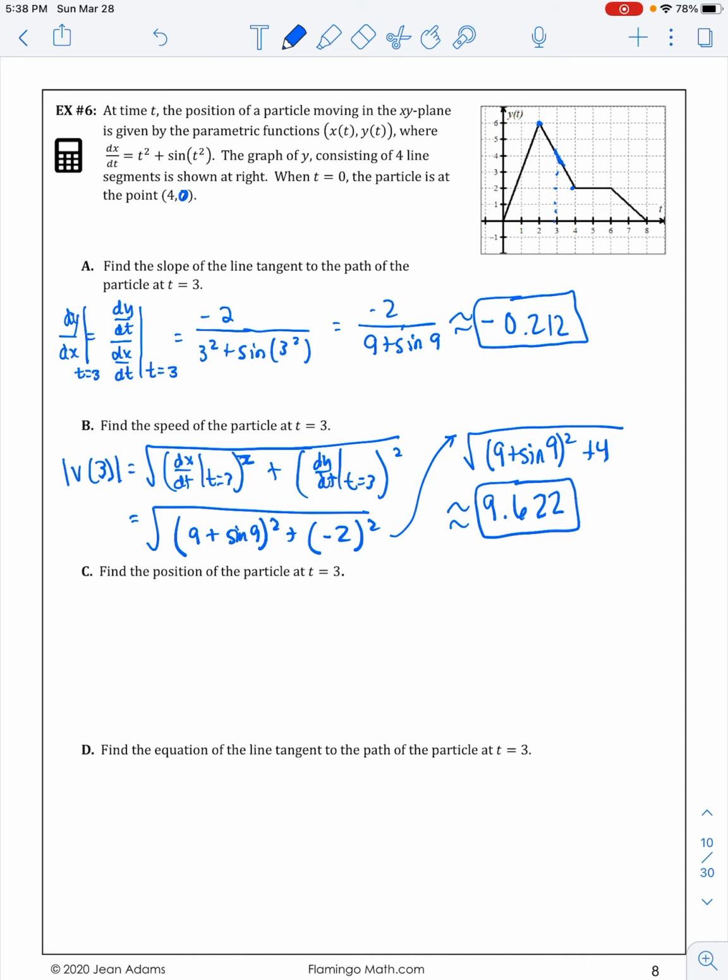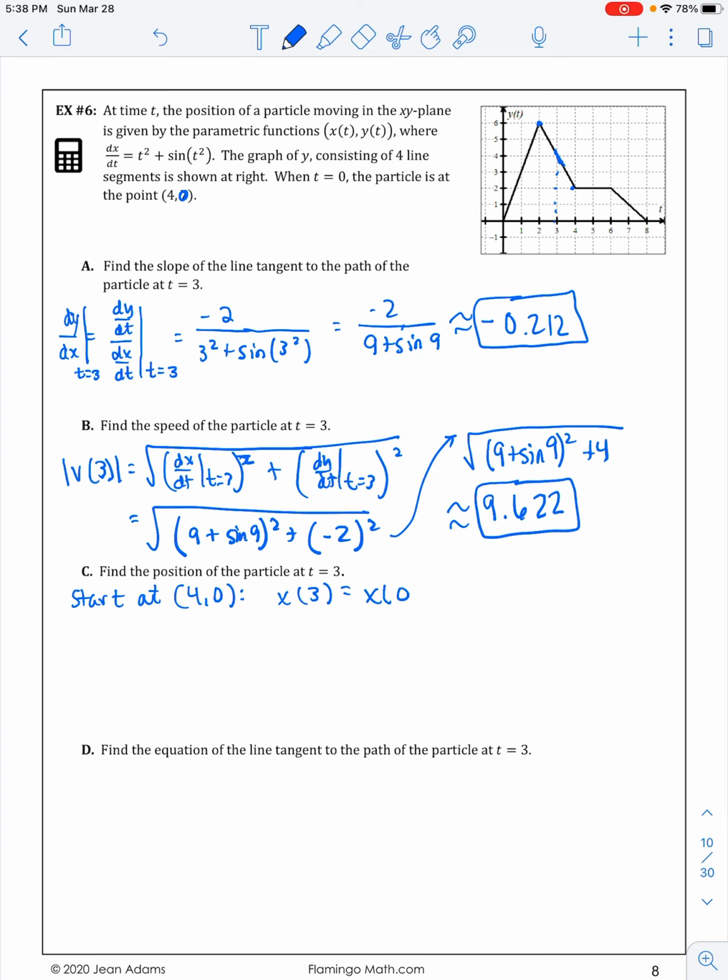I think it's 0 now. I don't know which one is right, but I think this says 40. It says it on the one that I printed out that I think is exactly the same as yours. So let's use the point 4, 0. So we are going to start at the point 4, 0.